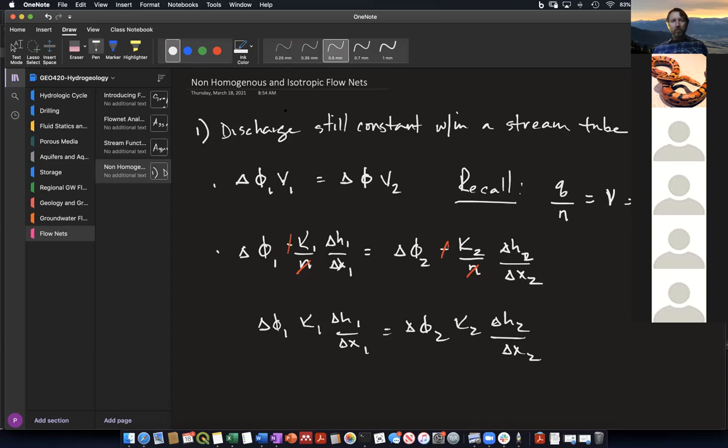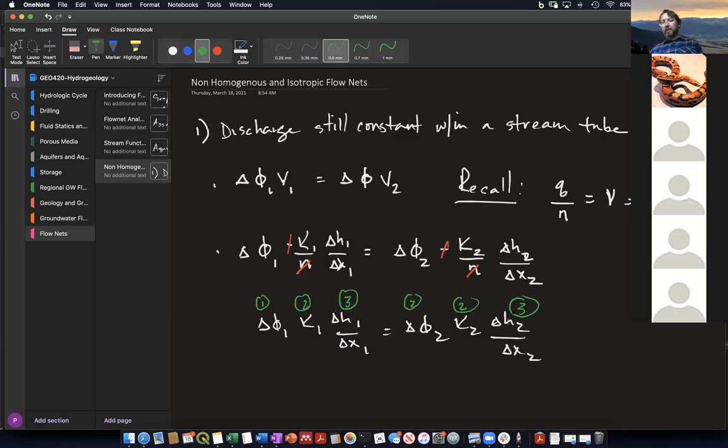And now we've got three things that vary. Our stream tube distances can vary. And then our hydraulic conductivity can vary in space, all right? And our head gradient can vary in space, all right?